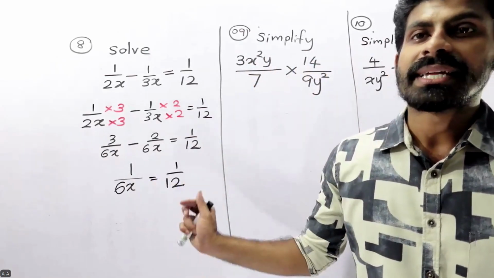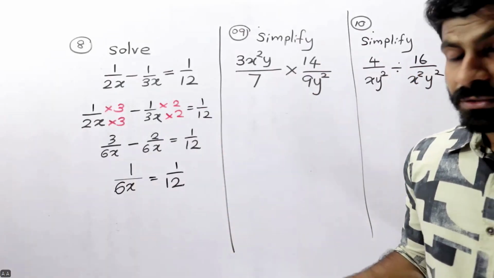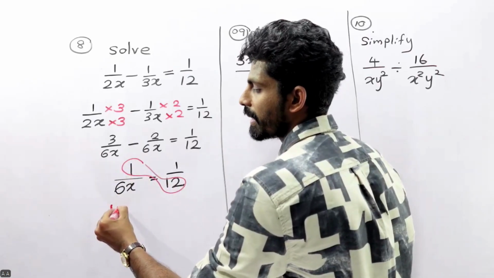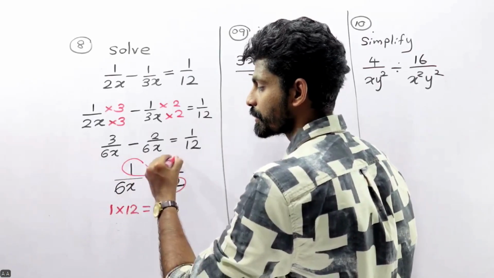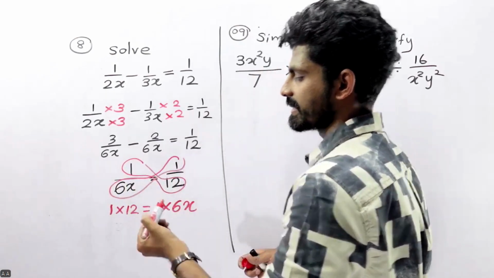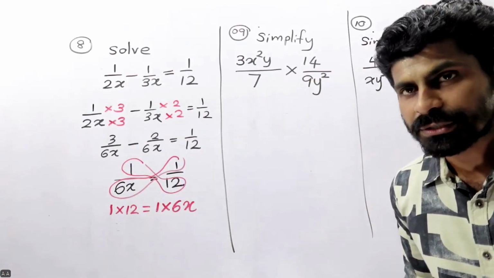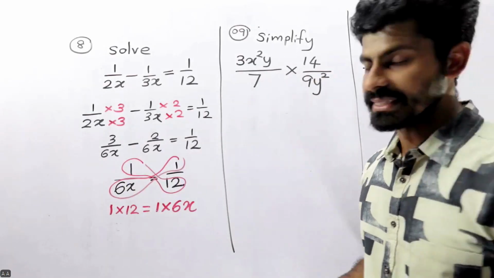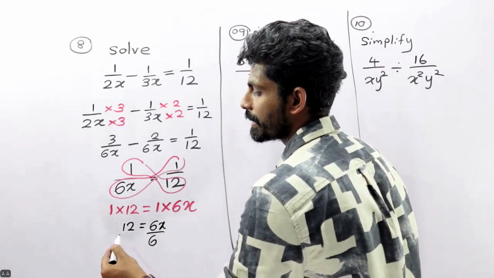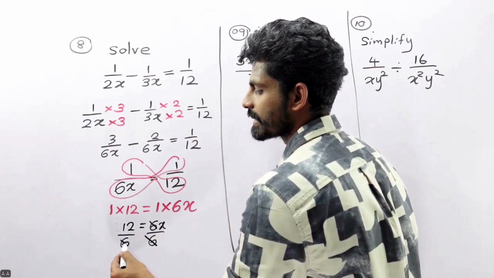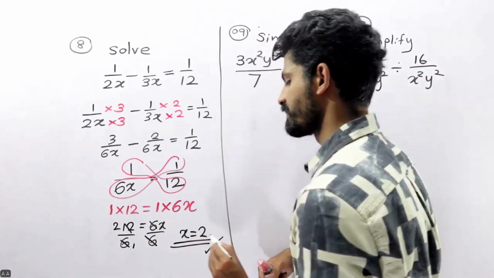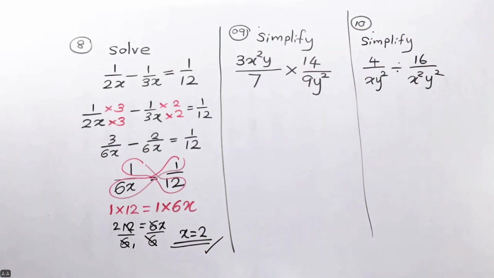We need to take cross multiplication. 1 multiplied by 12 equals to 1 multiplied by 6x. So that means 12 equals to 6x, dividing both sides by 6. So x equals to 2. Right?